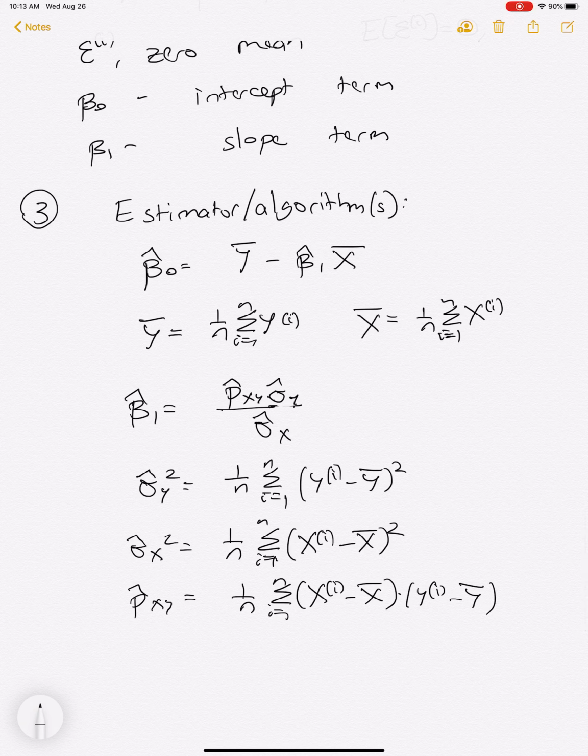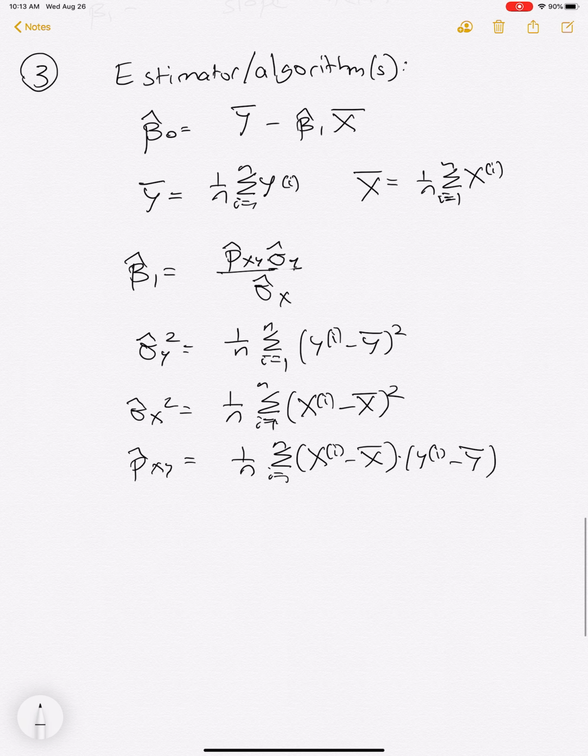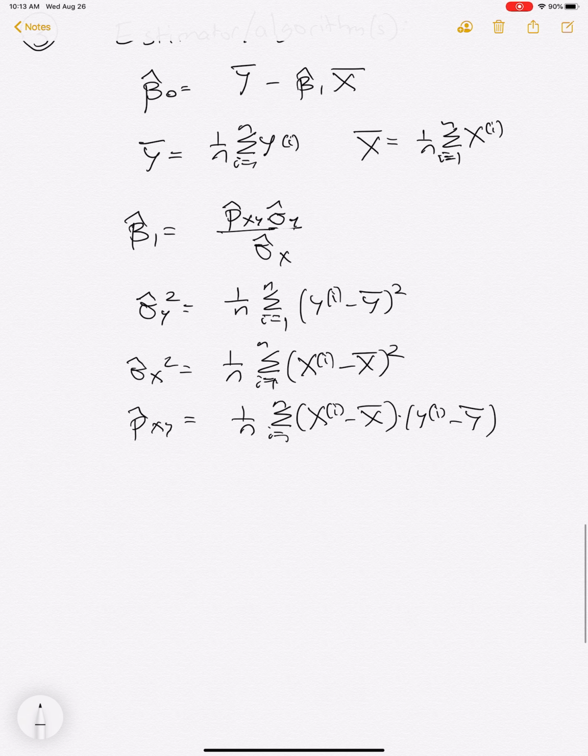Okay, so this is something that you can look up. I'll talk shortly about how you actually derive this expression. But this is essentially what we can calculate for the parameter estimates, and the analysis is something we'll see shortly in a special case.